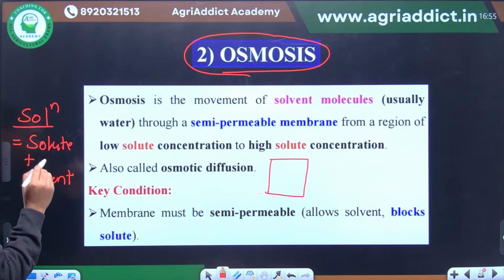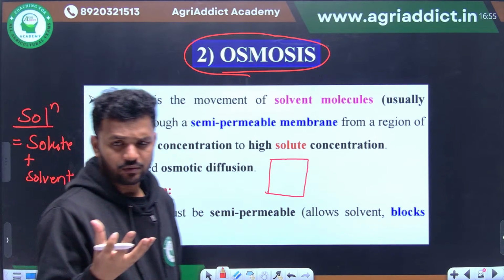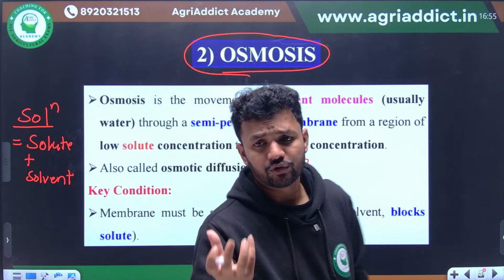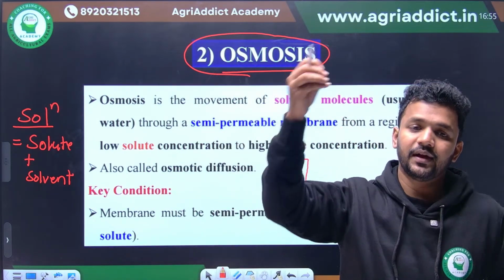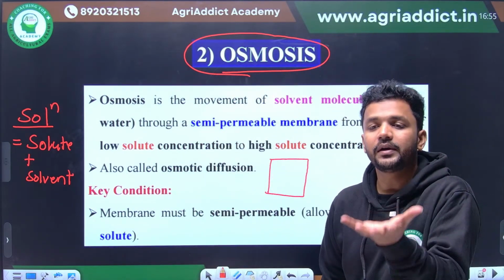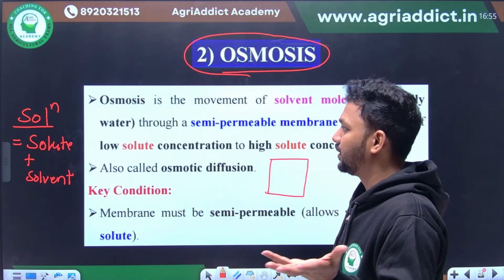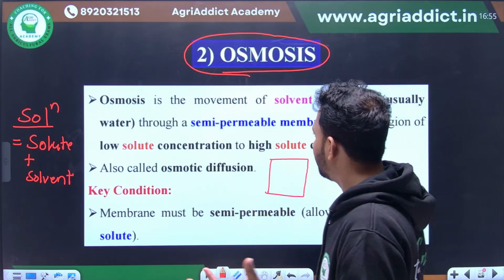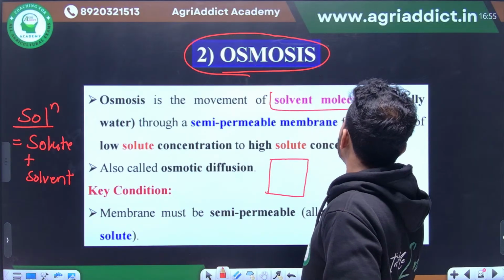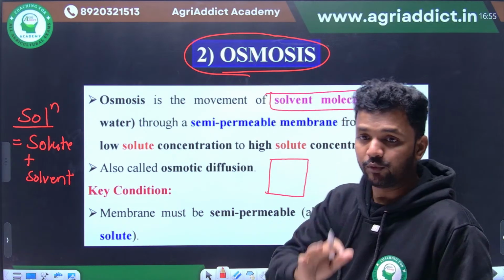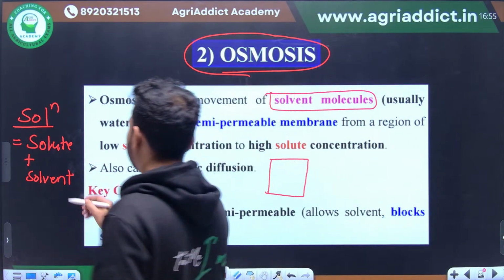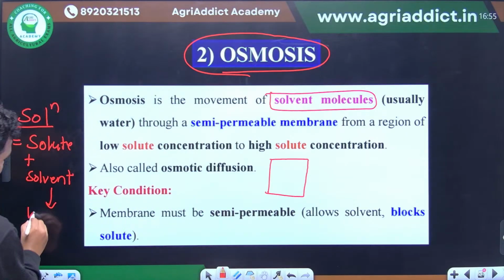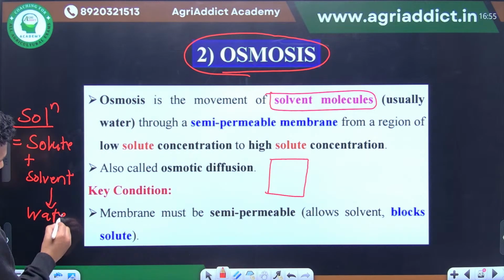This is solution. Solute is the solid part that is dispersed in the solvent, and solvent is the water or liquid part, and after combining both they form a solution. Okay. So the movement of solvent molecules. Remember this: the solvent molecules means the water. Solvent is basically water in the case of plant cells.